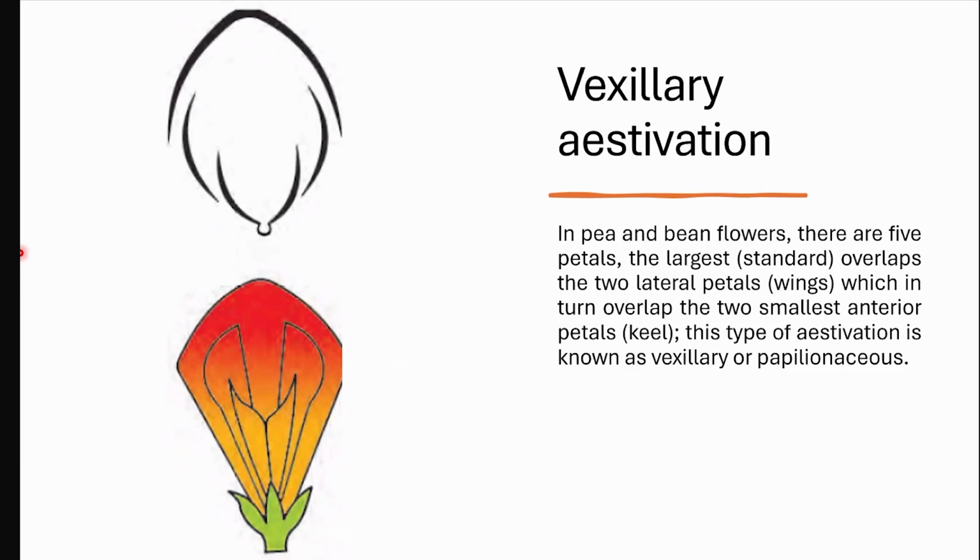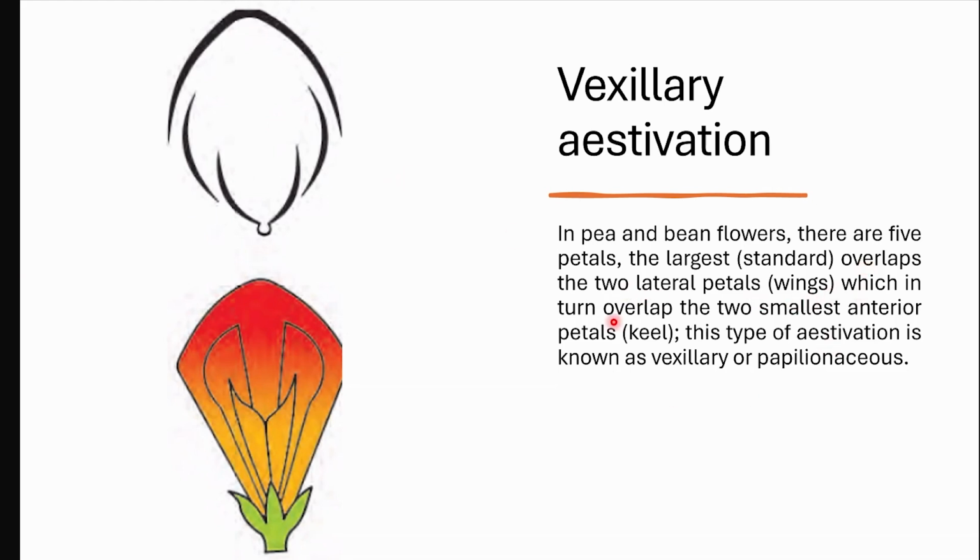Then we come to the final kind of aestivation, that is vexillary, right? In pea and bean flowers, there are five petals. The largest or the standard one overlaps the two lateral petals, that is, the two petals on the side will be overlapped by the largest petal.